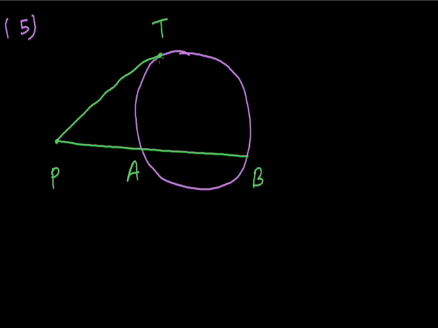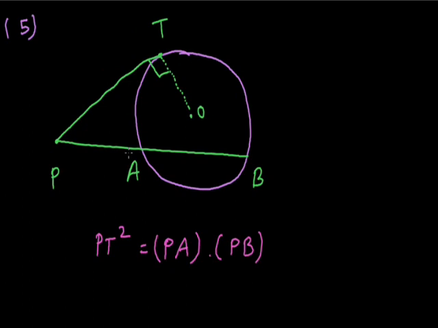Here PT is the tangent and PAB is the secant. To be more clear, let me make this angle as 90 degrees. So you can see that it is a tangent. So the property that holds over here is PT square of the tangent will be equals to PA into PB.